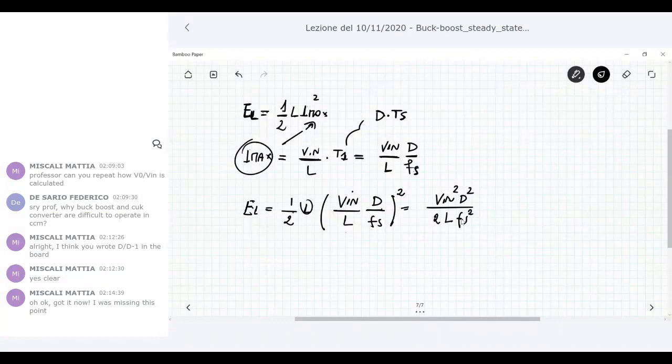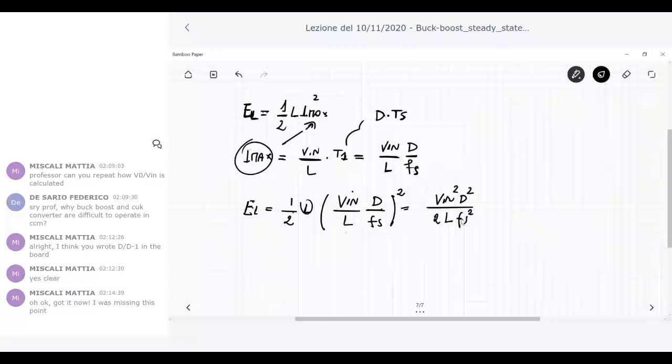This is the energy that we have at the end of the charging phase, when the time t is equal to t1. This energy is transferred to the output side of the buck boost during the time interval t2. During the time interval t2, the switch opens, the diode is on, and we have a connection between the inductance L that stores this energy and the output side.